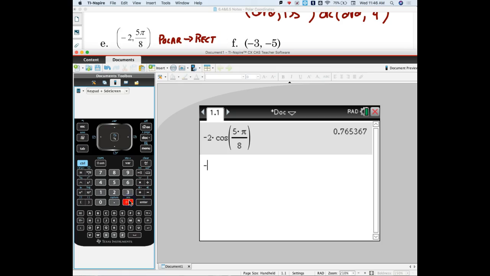And then my other one would be -2 sine of, again, 5 pi divided by 8. And I get -1.84.